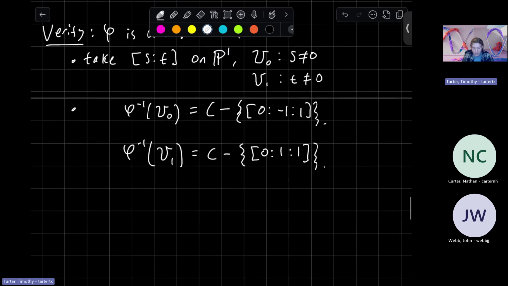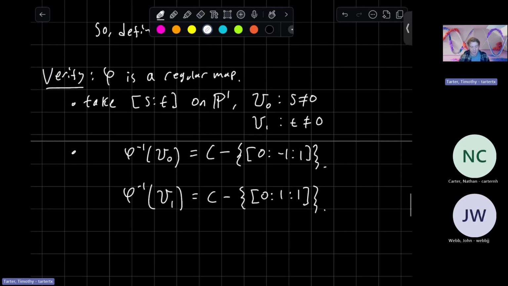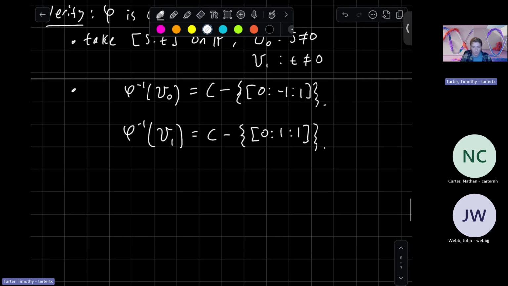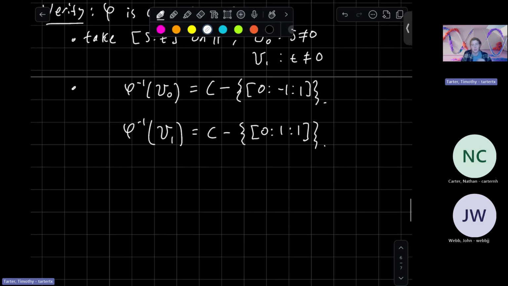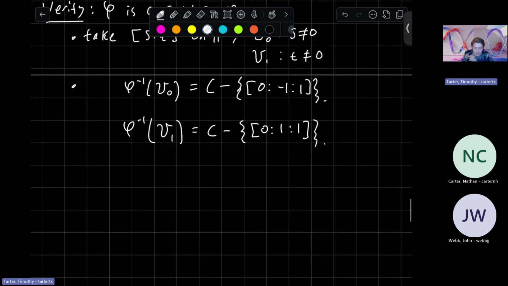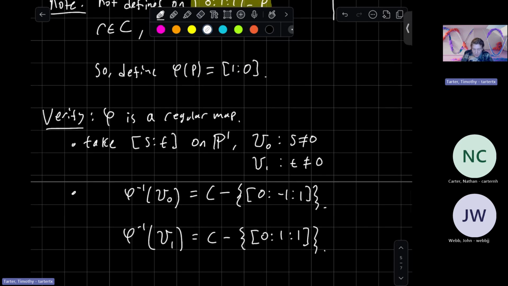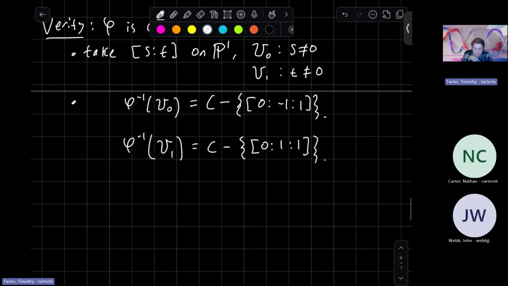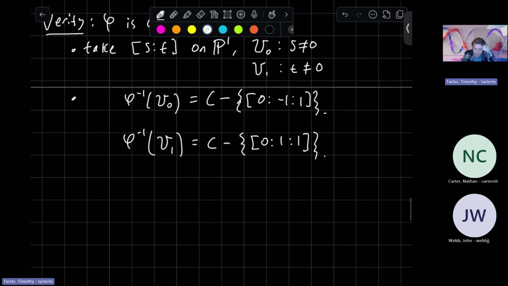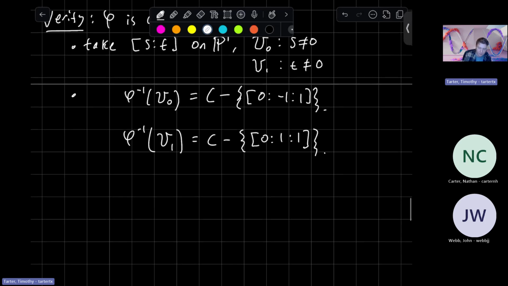Now, on U1, this is pretty clearly regular. So if we pick our coordinate on U1 to be s over t, so U1 is t non-zero, we have, if nothing else, no divisions by 0.